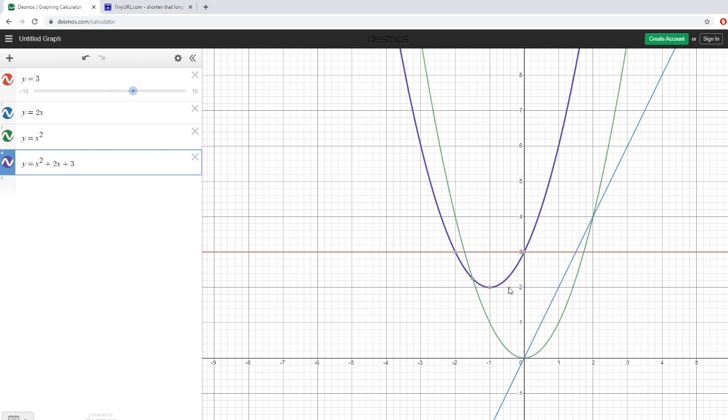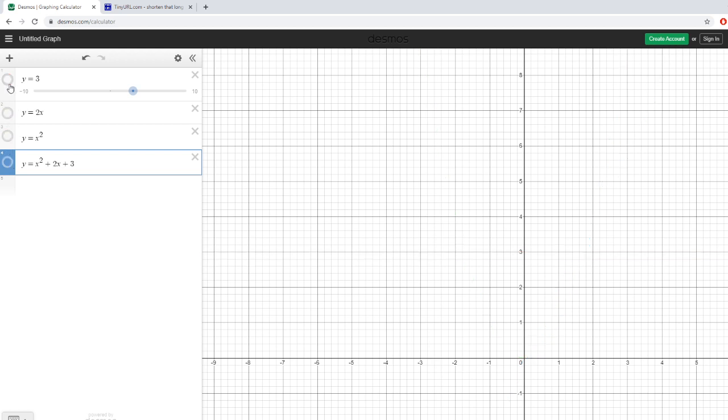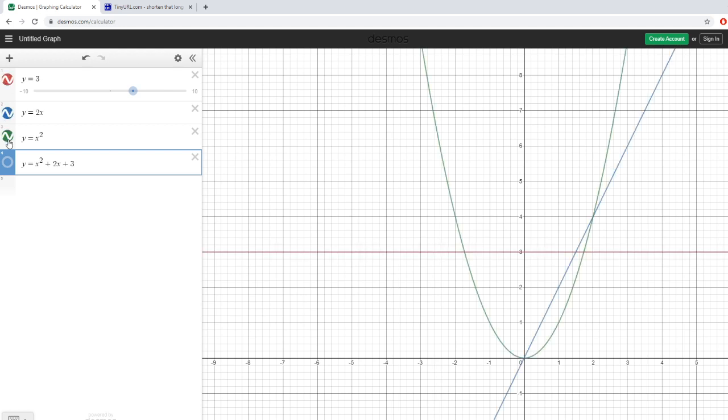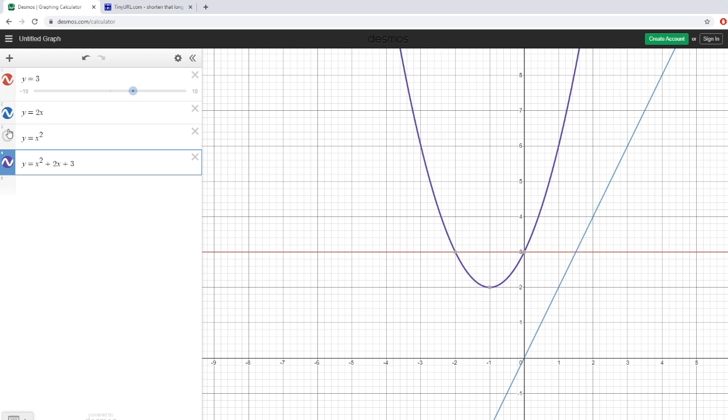So that purple line there is really representing the sum of these other three functions. Okay, let me turn it off, I mean. See? So we started from this line here, we started from nothing, we added in y equals 3, then we added in y equals 2x and y equals x squared, and then we've got the composition of all those, y equals x squared plus 2x plus 3.